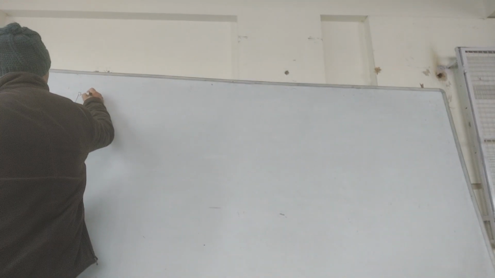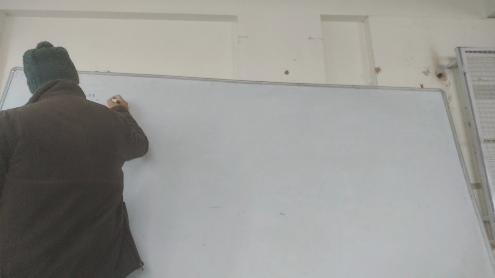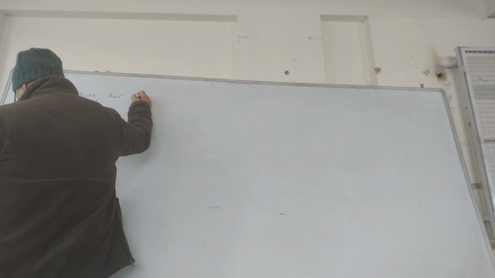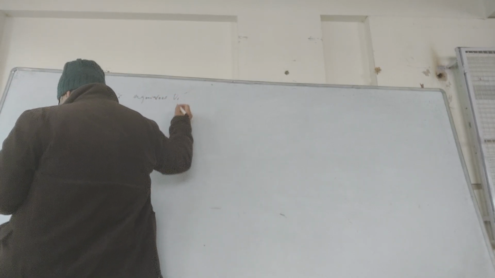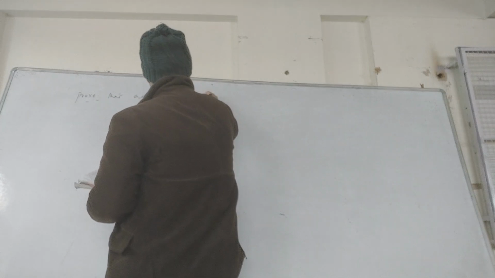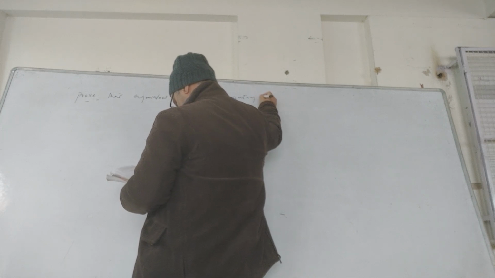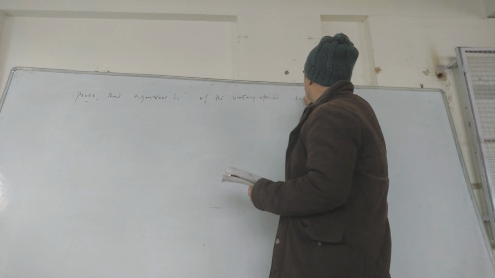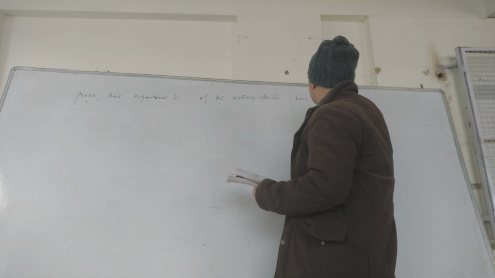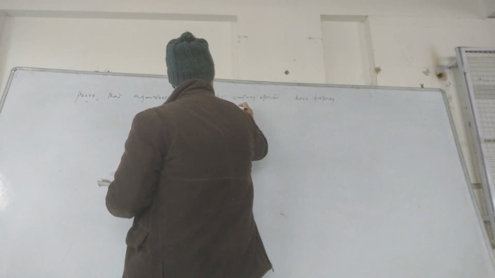In today's class, what we are going to see first is that we are going to prove that the eigenvalues ui prime of the unitary operator have the property that ui square is 1.